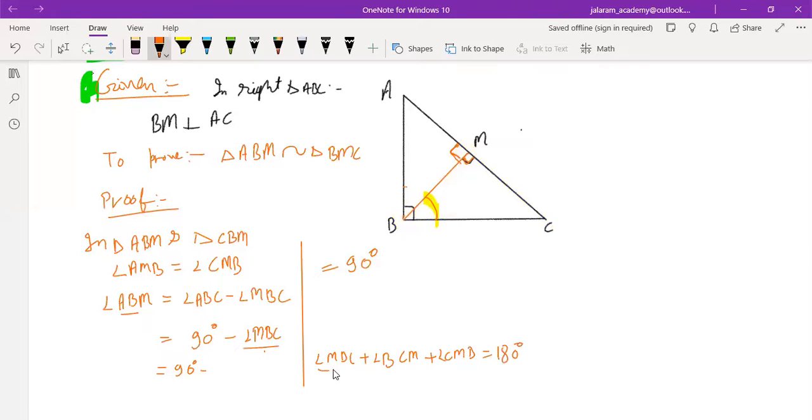So what will be the angle MBC? We can write 180 degrees minus angle BCM minus angle CMB.